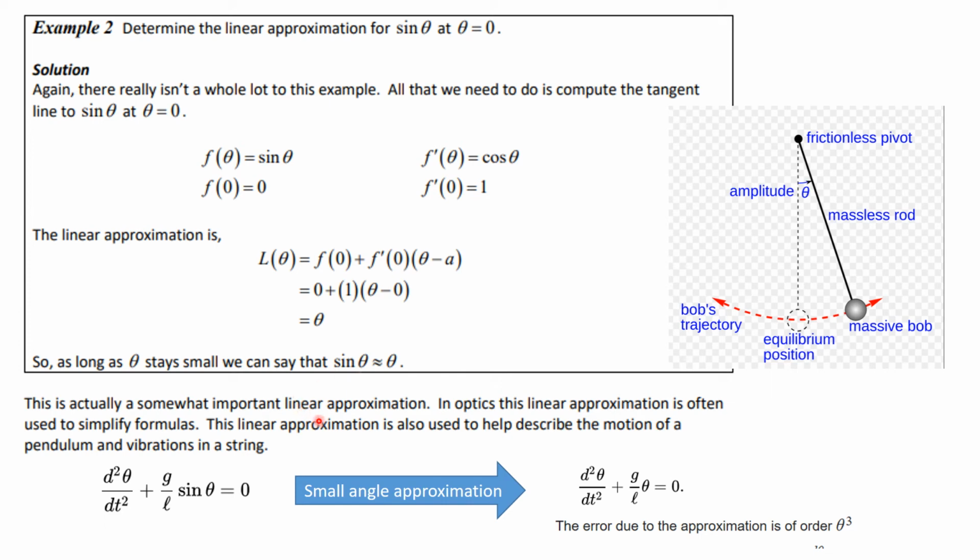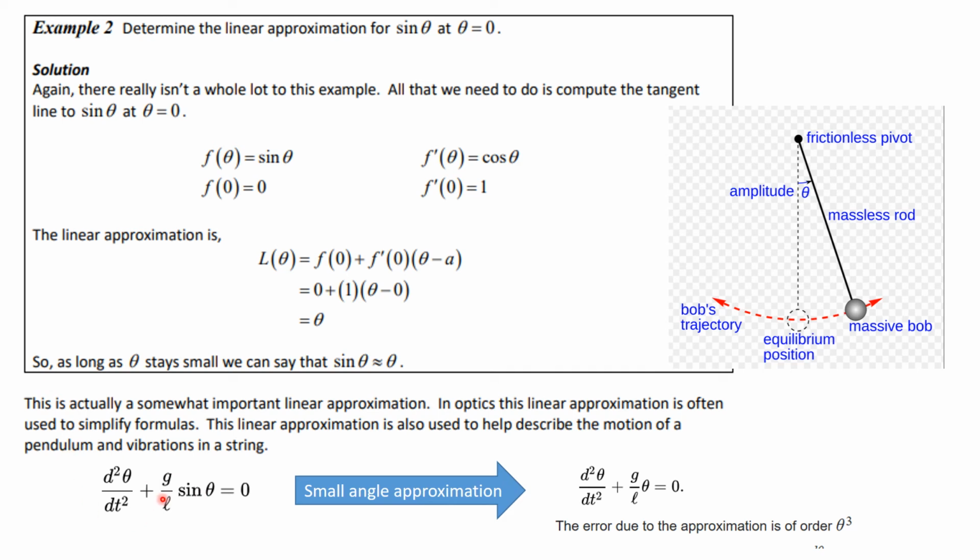Now, this is actually an important linear approximation. In science, optics, this approximation is often used to simplify formulas. It's also used to help describe the motion of the pendulum. And here's a pendulum, and this pendulum is moving through a small angle, so it's going back and forth and back and forth and back and forth. The actual differential equation that governs this, if you use the science, is the second derivative of theta with respect to t plus g, the acceleration of gravity, over L, the length of the pendulum, times sine of theta is equal to 0.